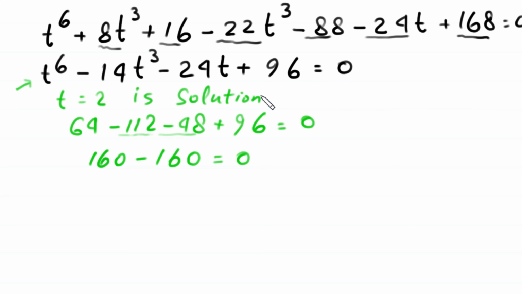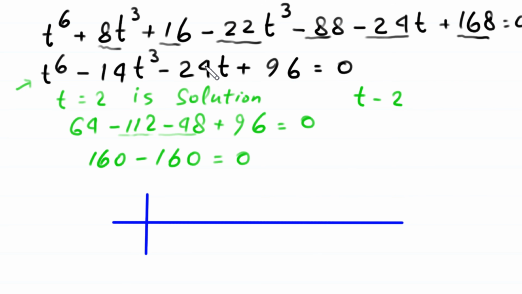So we use synthetic division to find the second factor. The first factor is t minus 2, and to find the second factor we use synthetic division. We write the coefficients of this equation.